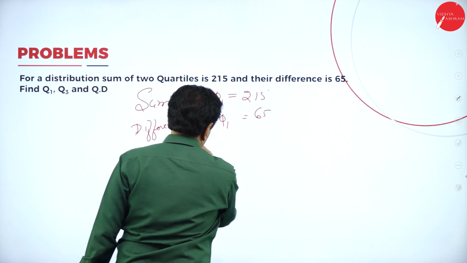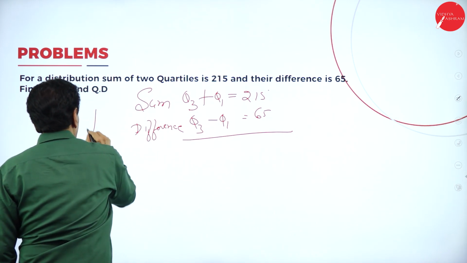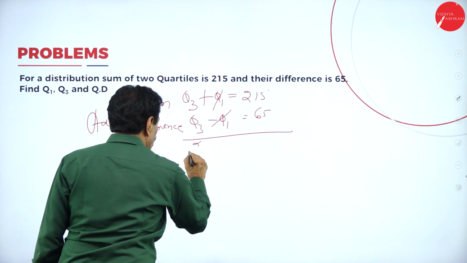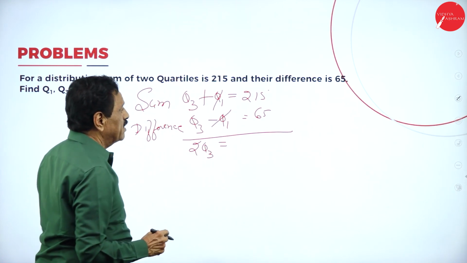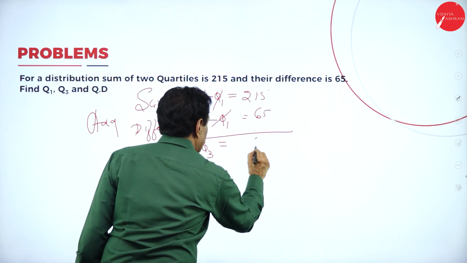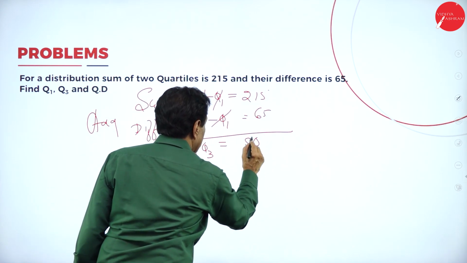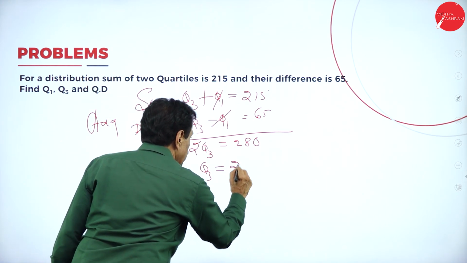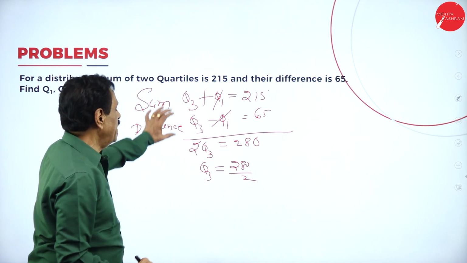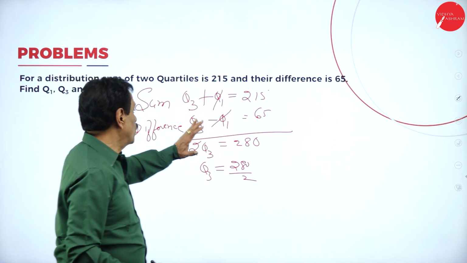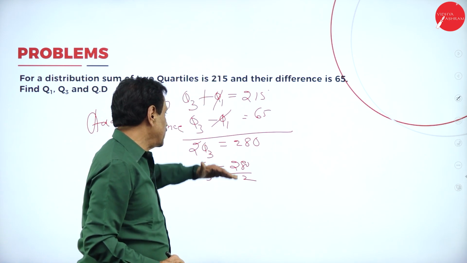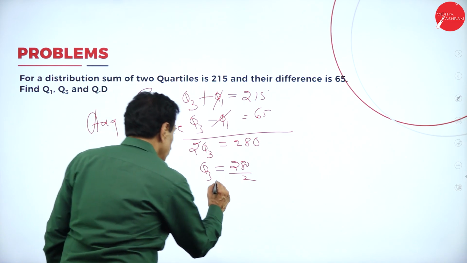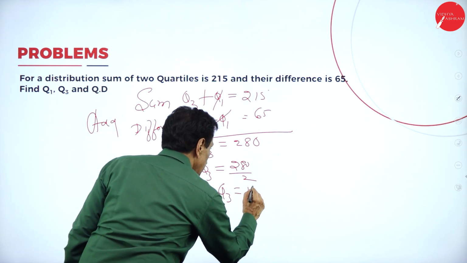By adding, the Q1 terms cancel out, so 2Q3 is equal to 280. Q3 is equal to 280 divided by 2. Understand?